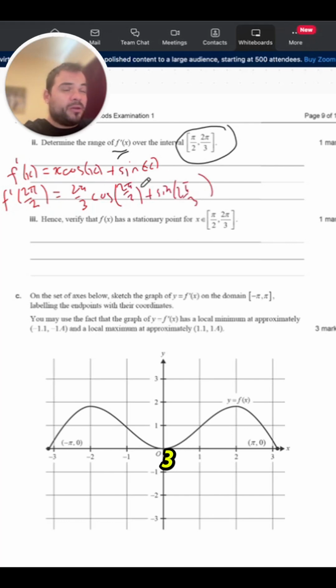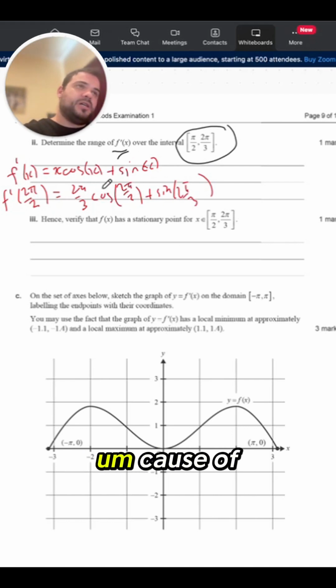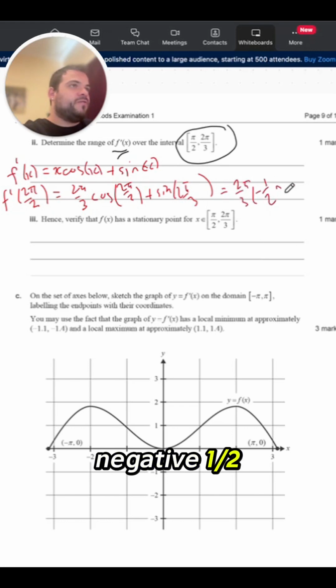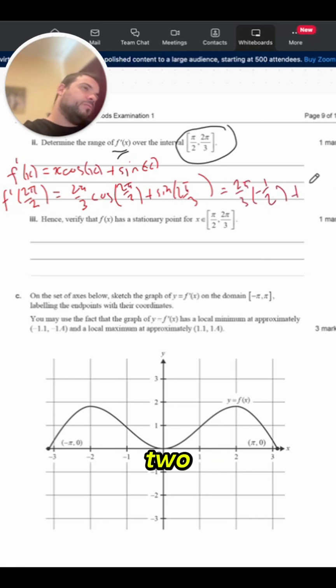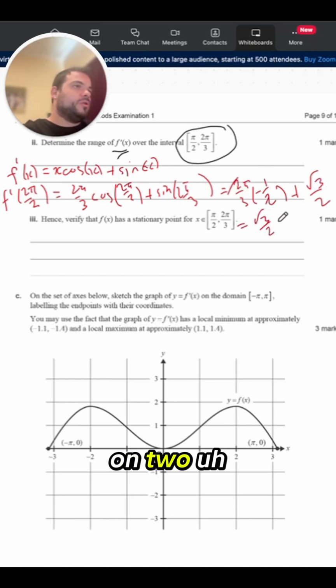So cos of 2 pi on 3: cos is negative in the second quadrant, and cos of pi on 3 is a half, so this is negative a half. So we get 2 pi on 3 times negative a half, and then sine of 2 pi on 3 is root 3 on 2. I know that sine of pi on 3 is root 3 on 2, and sine is positive in the first and second quadrant. So this gives me root 3 on 2 minus pi on 3. So that's the lower end of our range.